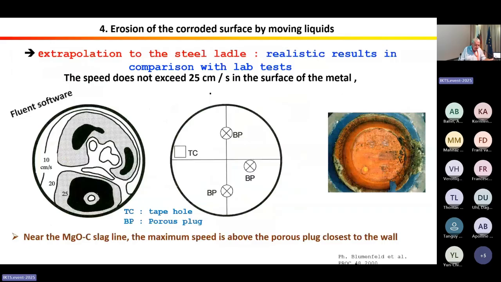We have used Fluent software to simulate the flow of slag and steel, and we observe that near the magnesia carbon slag line, the maximum speed is above the porous block closest to the wall. In the bottom, we have 3 porous blocks, which are in this figure.